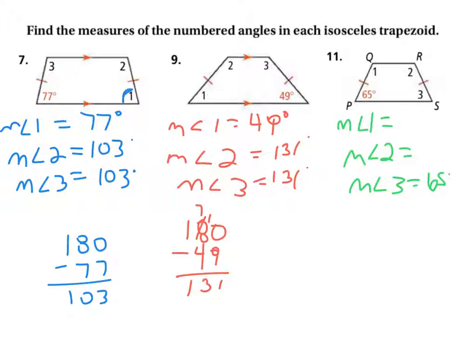And that 65 degree angle and angle 1 are going to be supplementary. And so 180 minus 65 is 115 for number 1. And because angle 2 is the same as angle 1, also 115. Done.